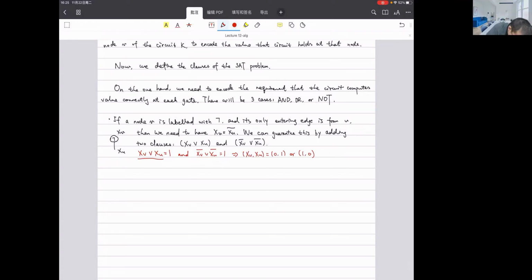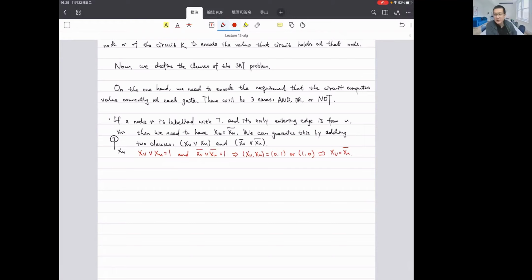If it is a 0 0 pair, this is going to be 0. But a 0 1 or 1 0 pair gives you the value 1. So assuming both clauses equal 1, this implies that XV is the NOT of XU.